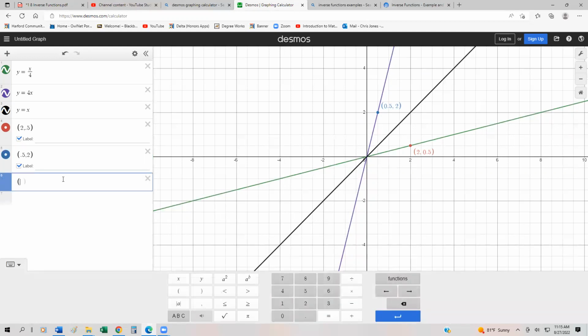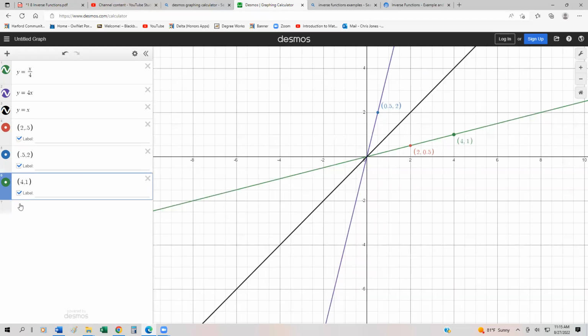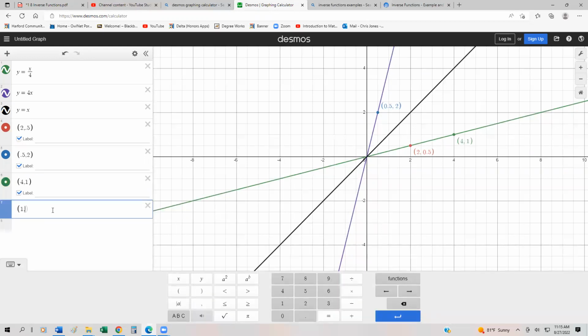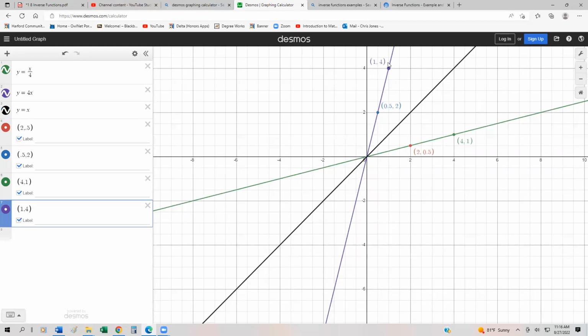If I take a look a little further, let's take a look at the point 4 comma 1. And there should be a corresponding point on the inverse, 1 comma 4. So pretty cool that those points exist exactly on those functions. And there's an infinitesimal number of points that are reflected in this line, even down here.